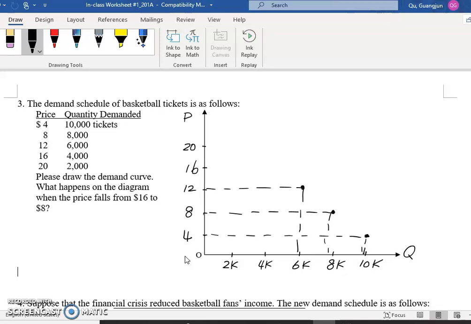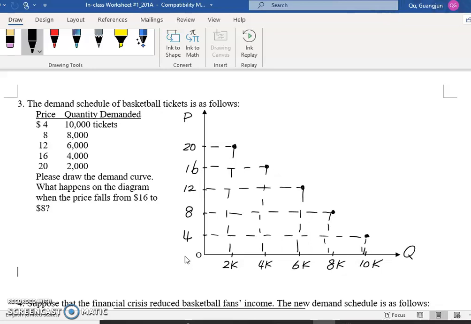And when the price increases to $16 per ticket, we find 4,000 tickets demanded by the market. When the price goes up to $20 per ticket, now we only have 2,000 tickets demanded on the market.